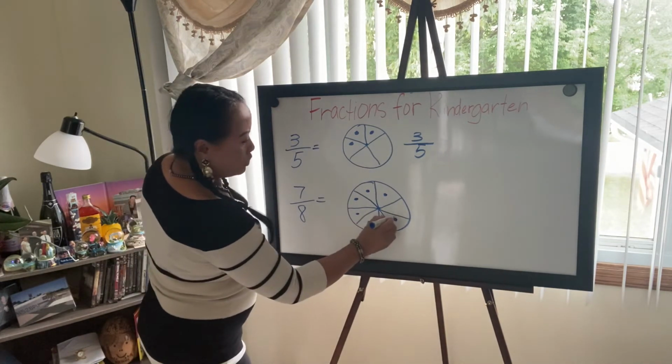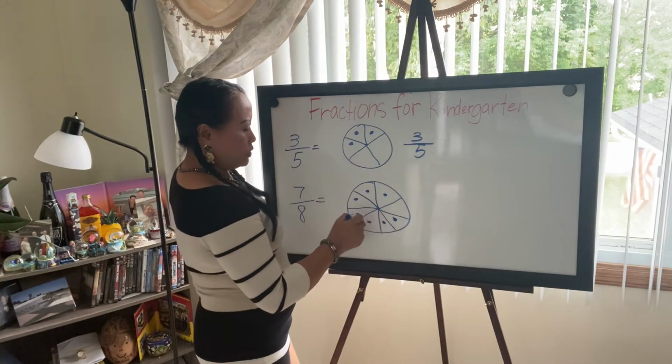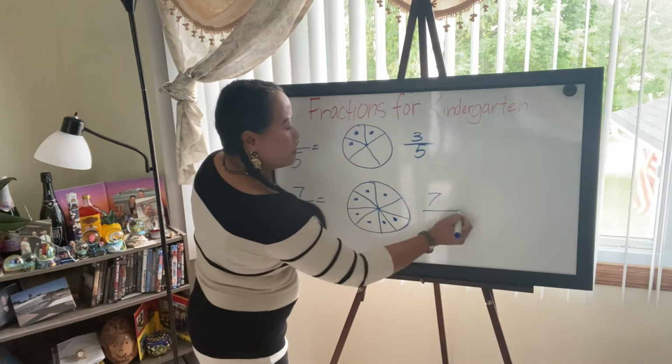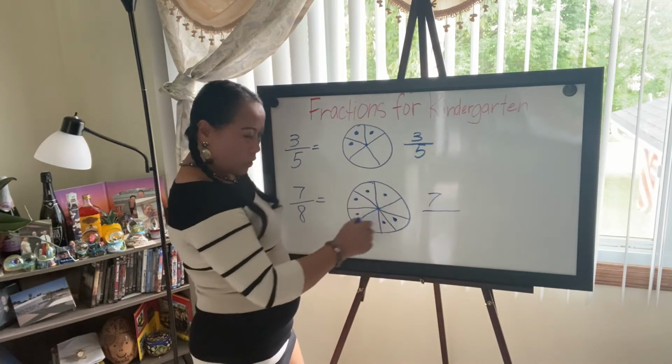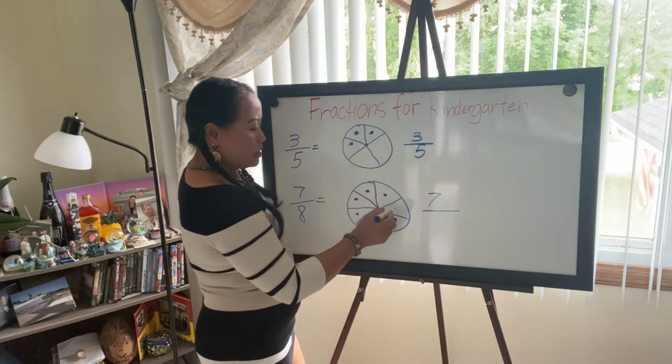So let's count all the shaded parts: 7. So 7 over. Count all after: 1, 2, 3, 4, 5, 6, 7, 8.